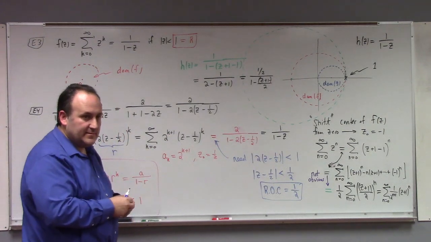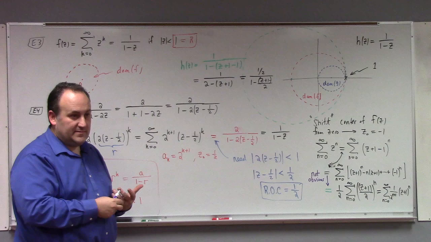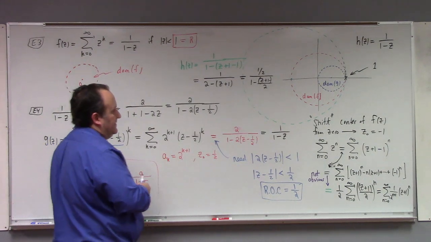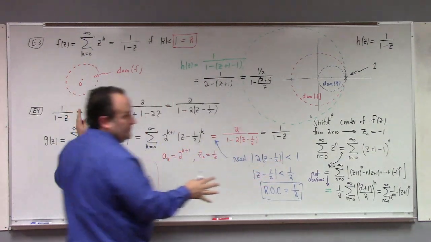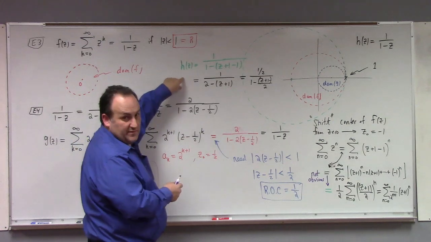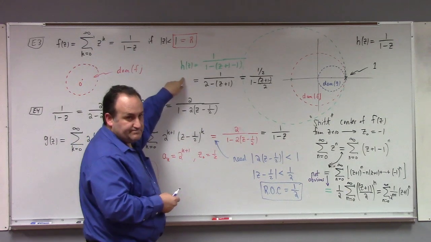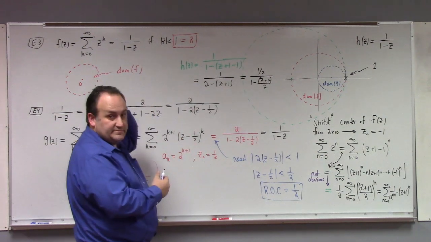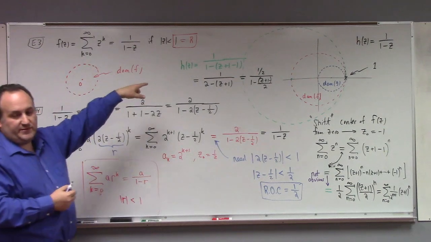But I know what happens, because all of the power series on this board are just different representations of this single complex function h, choosing different centers. So all of those different power series are going to agree wherever they overlap, because they're joined together by h.